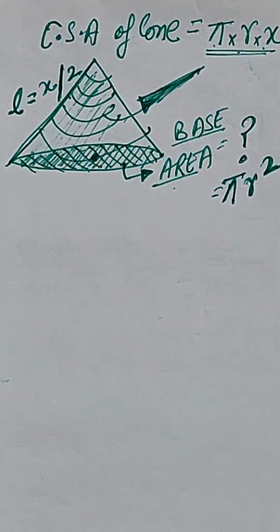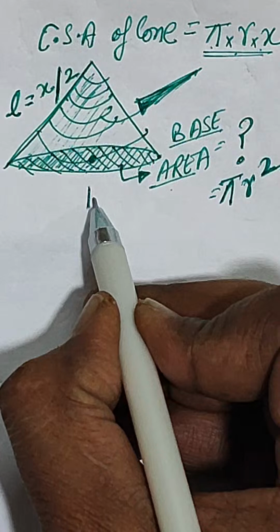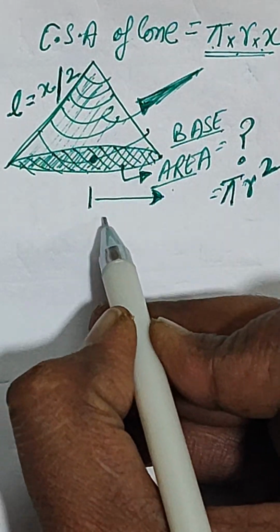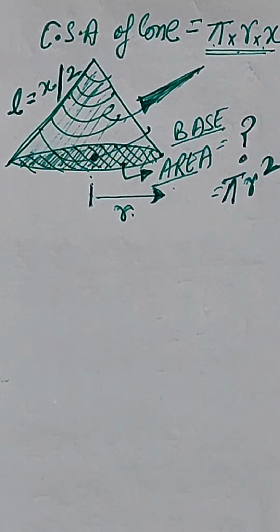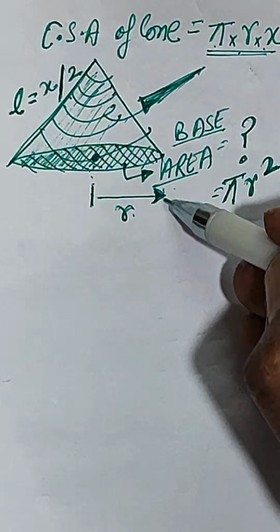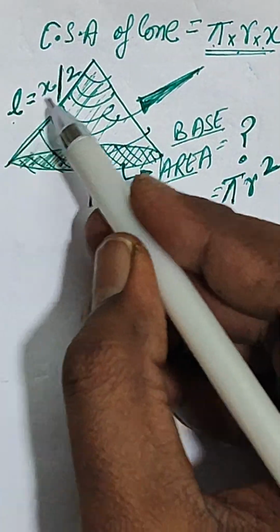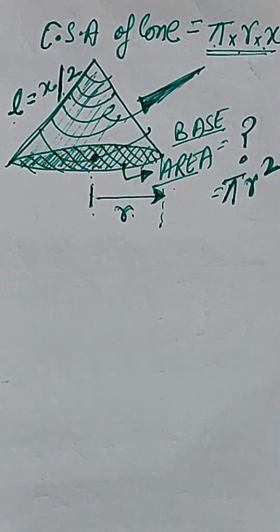Pi r square, where r is the radius of this base. If this is the center, then r is the radius of this base, right? Now, the slant height is given to you as x by 2.